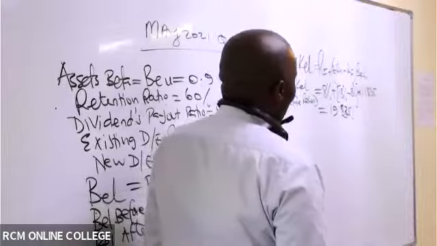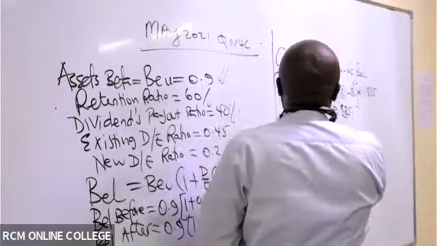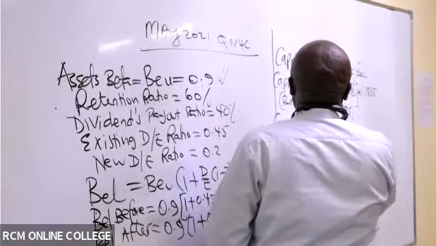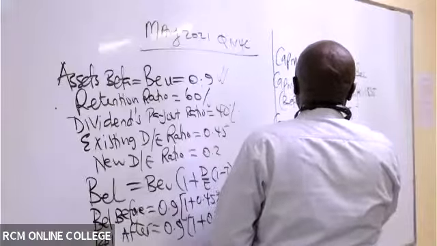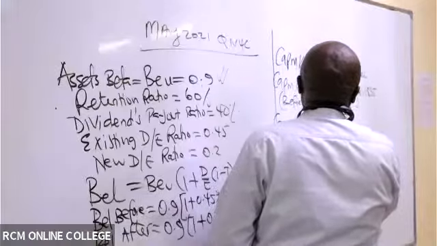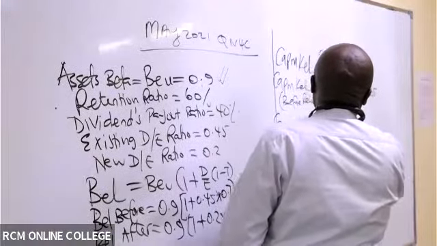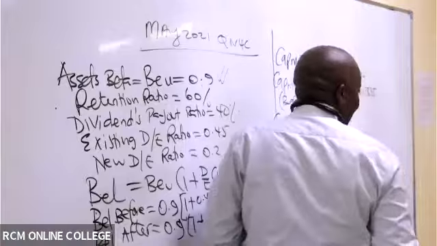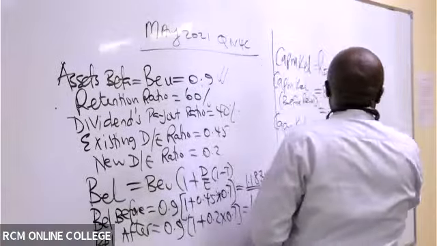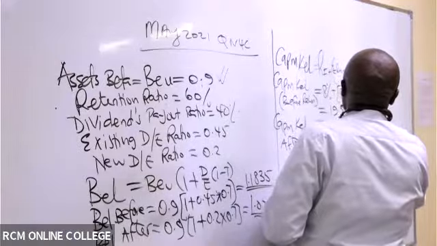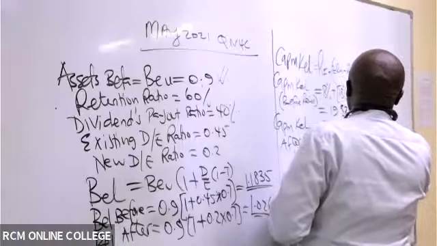Thank you so much. How about in this case here, CAPM, KL, after reconstruction? After reconstruction, I know this 8% will remain, isn't it? Plus market return 18%, minus 8%.